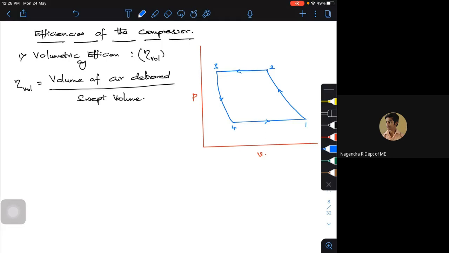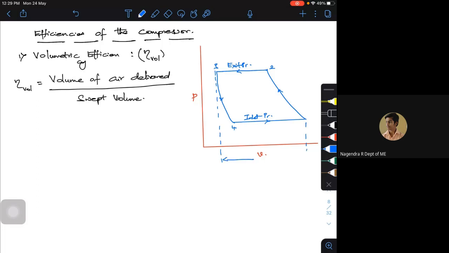So this is point 3 and 4, this is my inlet pressure, this is my exit pressure, and I do have a clearance volume which is Vc.